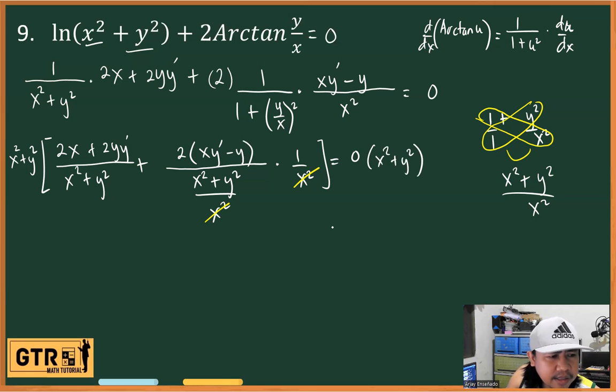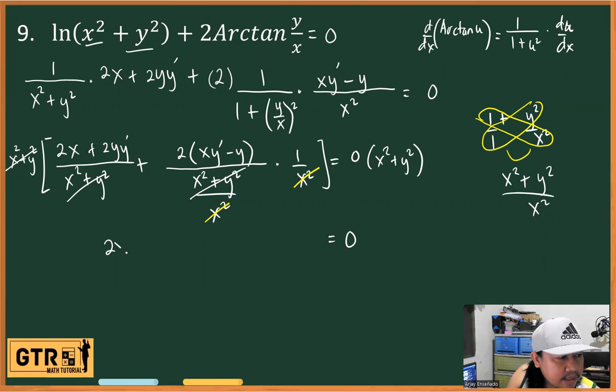So the right side is still 0 because any number multiplied by 0 is 0. And then we just cancel the x squared plus y squared in the numerator and denominator. So cancel this.